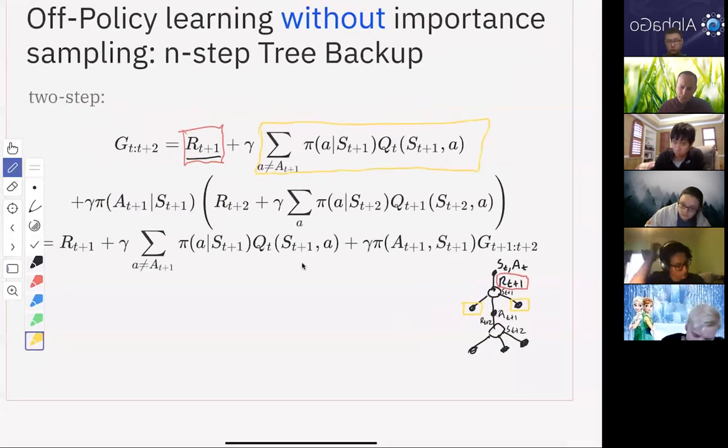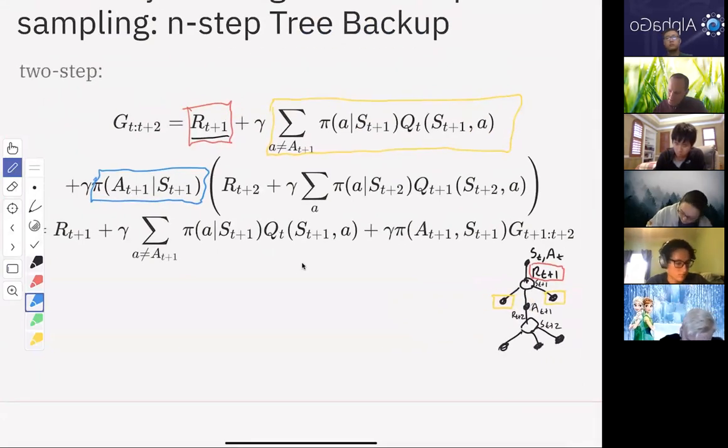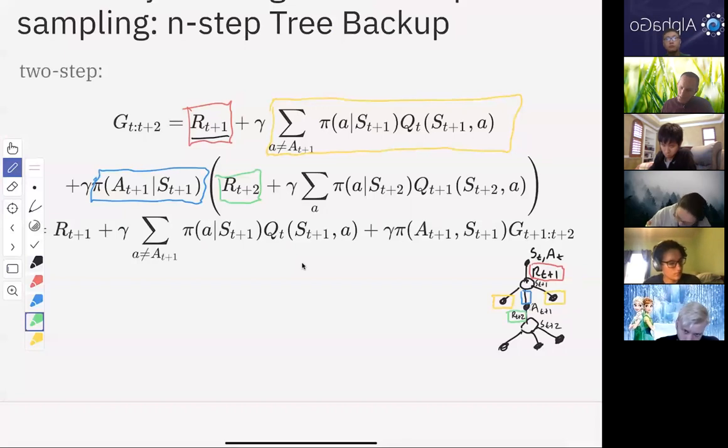And then we go ahead and discount again. We're going to take the probability of having taken the actual action, so that's this probability here. We're going to take the second reward, which is this here, and then go ahead and, what colors can I use now?